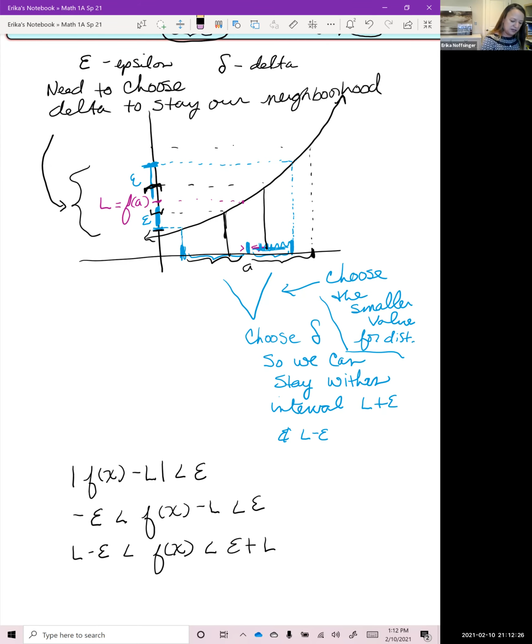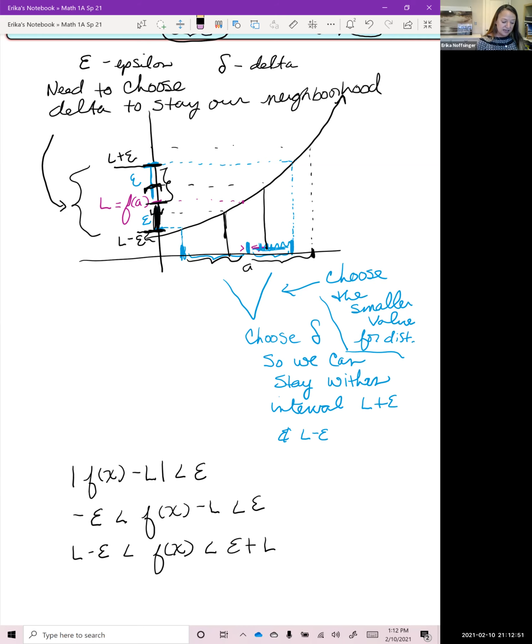So again, just pictorially, you have some L value in here and you're choosing some epsilon. So in this case, our Y value L plus epsilon would get us here. And if we subtract epsilon, that would get us down here, and that Y value we would say is L minus epsilon.